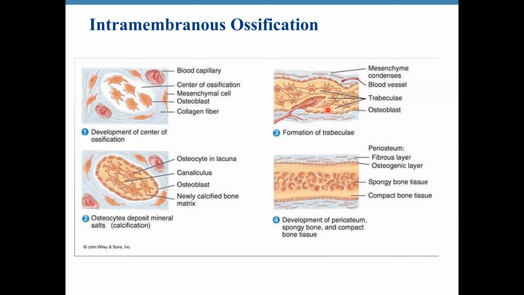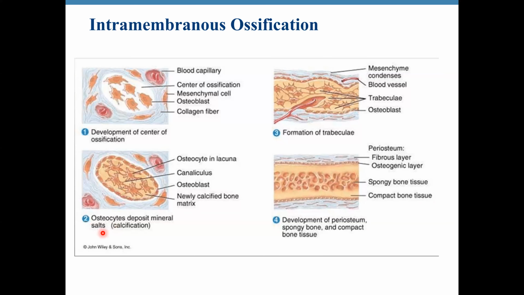And then we have formation of spongy bone, right? And finally, formation of the compact bone. So we're not going into details about intramembranous ossification. We just want to know that it starts with the membrane, mesenchymal cells that form the center of ossification. Then mesenchymal cells will differentiate into osteoblasts.